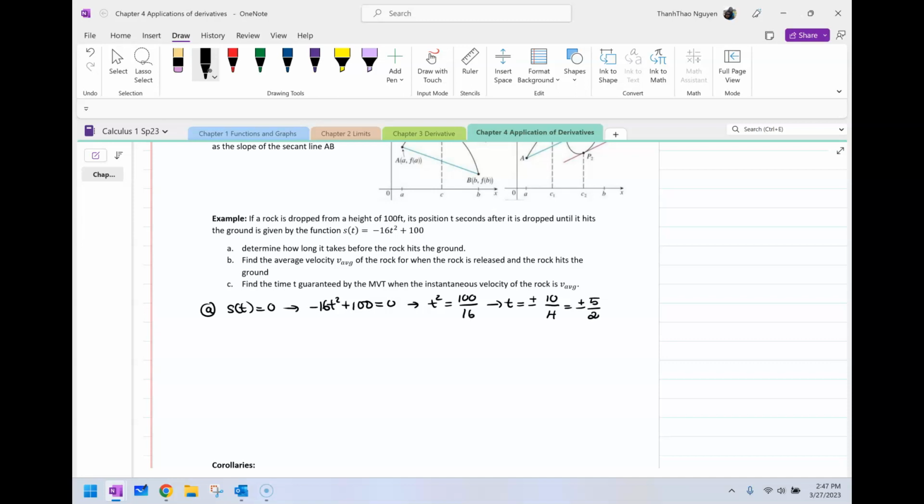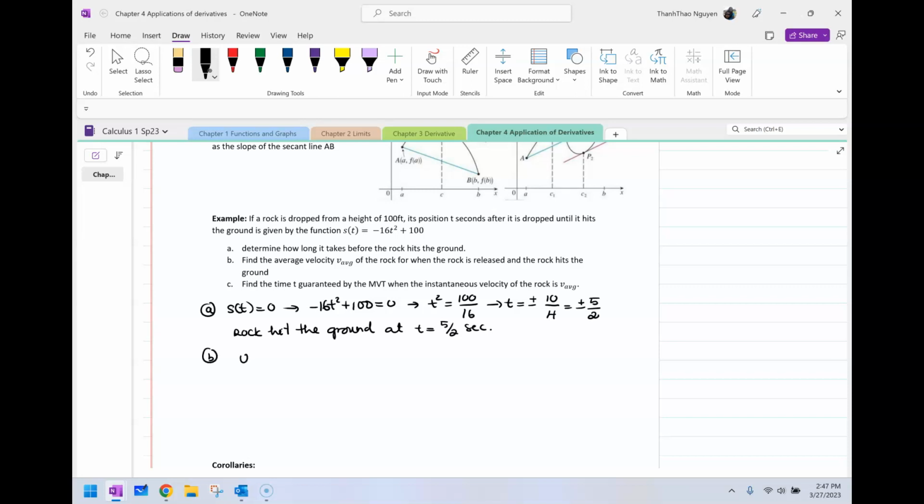Note that because we're talking about time, it cannot be negative. So the rock hits the ground at t equals 5 over 2 seconds.